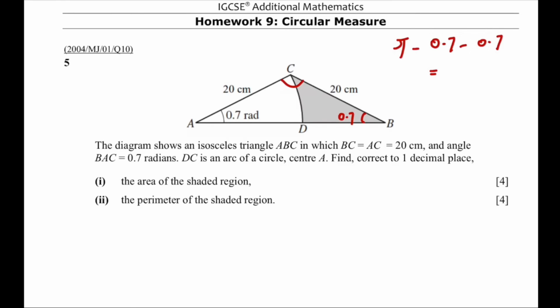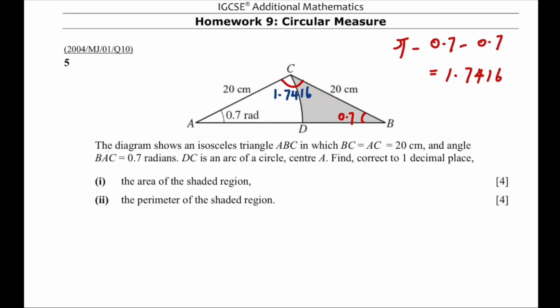One point 7416. 1.7416, that's the radian of this angle.